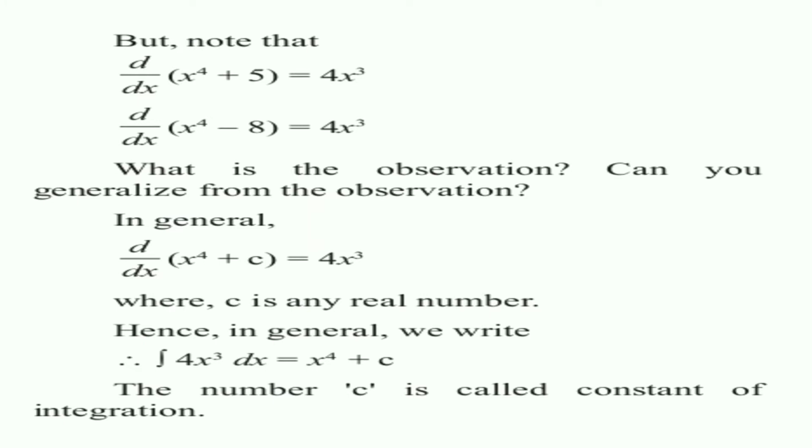In general, the derivative of x raised to 4 plus c equals 4x cube, where c is any real number. Hence, in general, we write integration of 4x cube dx equals x raised to 4 plus c. The number c is called the constant of integration.